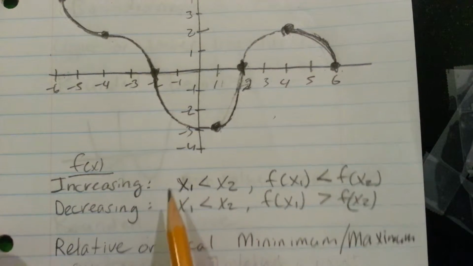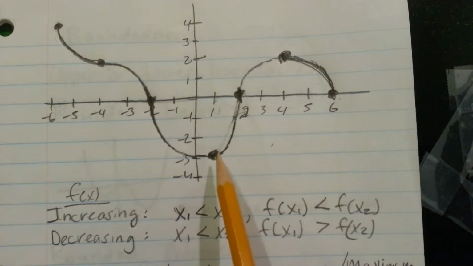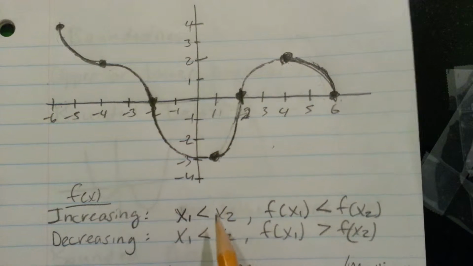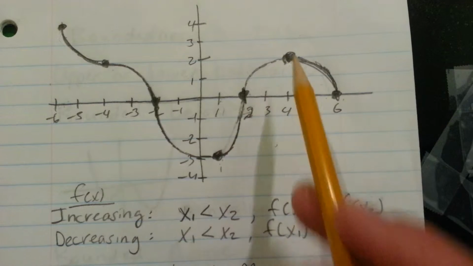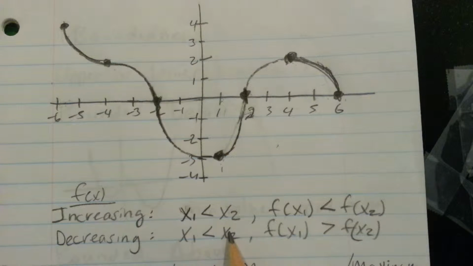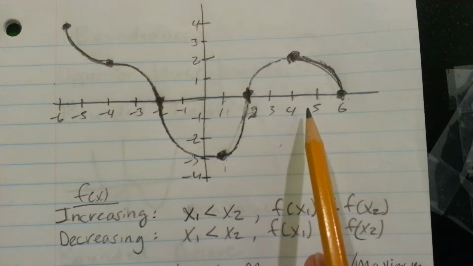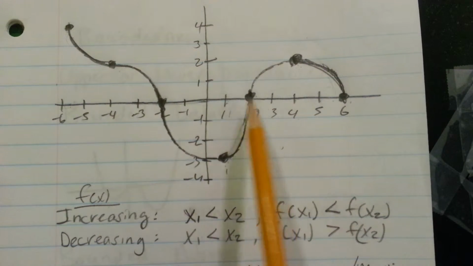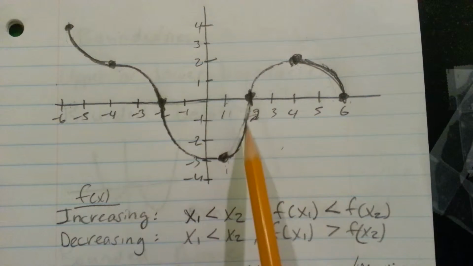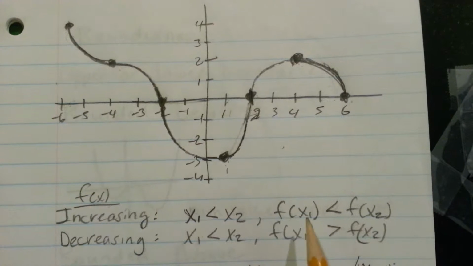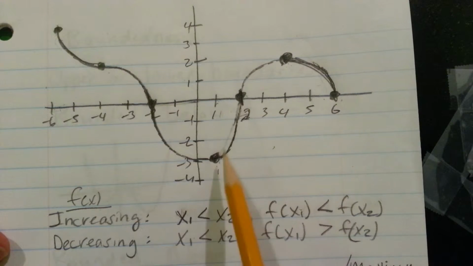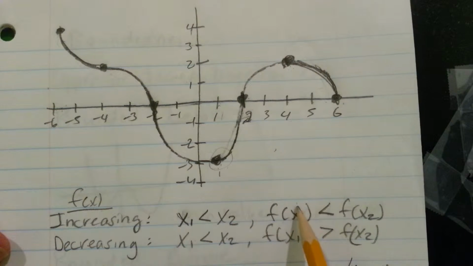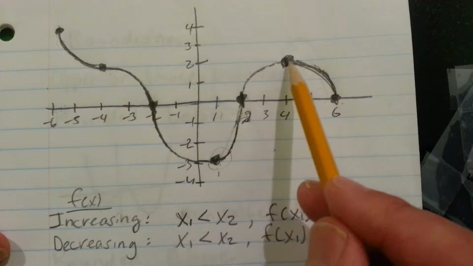An increasing function, this function is increasing. Let's call this point x1 and this point x2. Notice x1 is less than x2, that means x2 is to the right, obviously. A function is increasing if the output of the left coordinate, this one right here, is less than the output of x2.